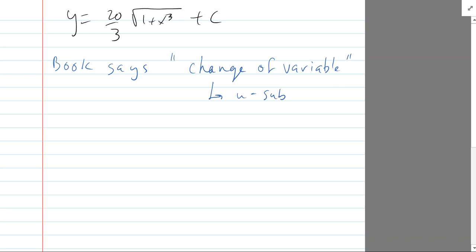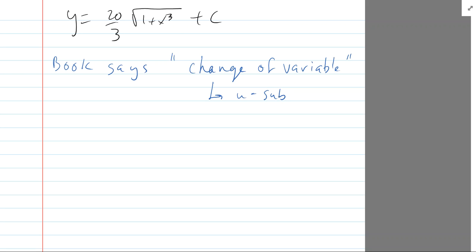What variable did I change? I changed from x's to u's. And why did I do that? So that I could simplify it so you could see the overall pattern. What you are doing is you have a composite function, an outer function and an inner function. And this helps you to simplify the inner function so you can see the outer function and realize it's just chain rule. And you're undoing chain rule. Really, really.